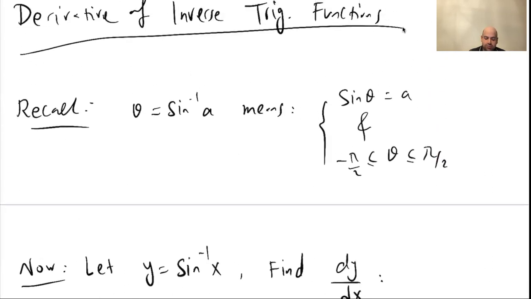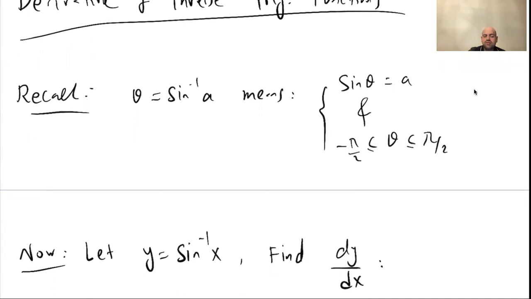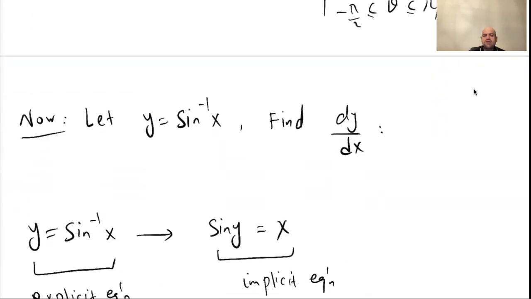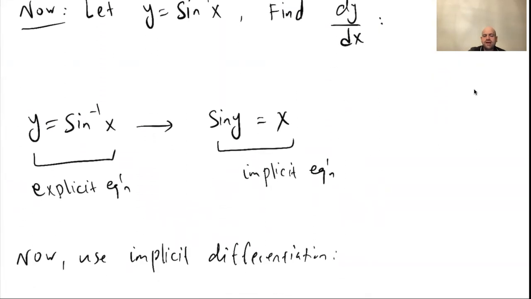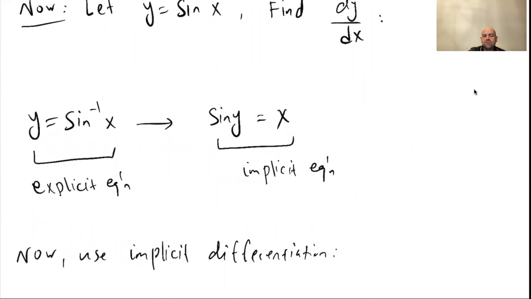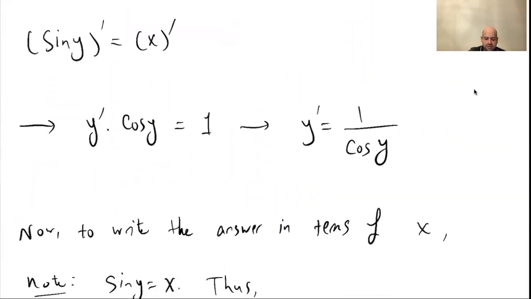We just said that the output for sine inverse, look at here, here I denoted with theta, is between minus pi half to pi half. So quadrant 1 or 4. And the cos of an angle in quadrant 1 and 4 is positive. So if y is equal to sine inverse x, it will be in quadrant 1 or 4. Therefore, cos y will be positive.